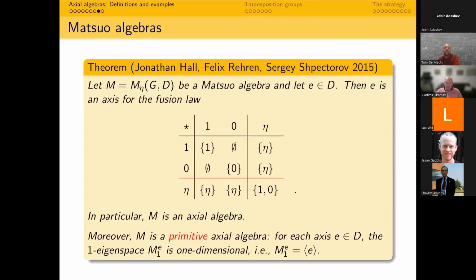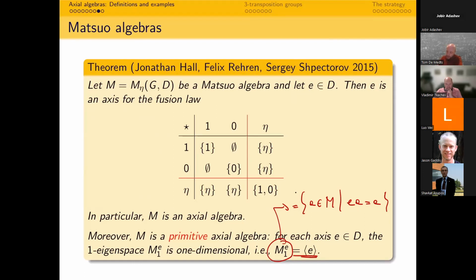And there is a little bit more. It's not going to be too relevant here, but the fact that these axial algebras are what we call primitive axial algebras. And this primitivity means that the one eigenspace for the idempotent, so to write this down again, this M1E was precisely the collection of elements A of the algebra such that EA is equal to 1 times itself, so equal to A. The only elements that satisfy this are multiples of E itself.